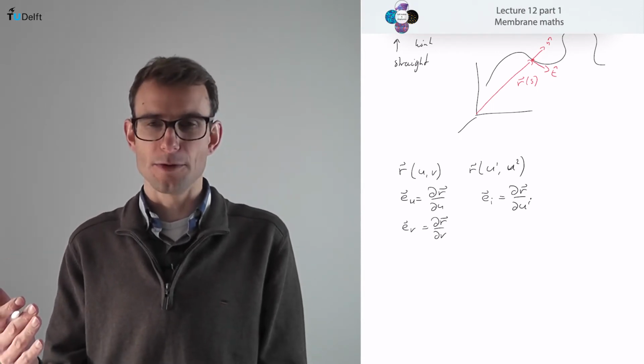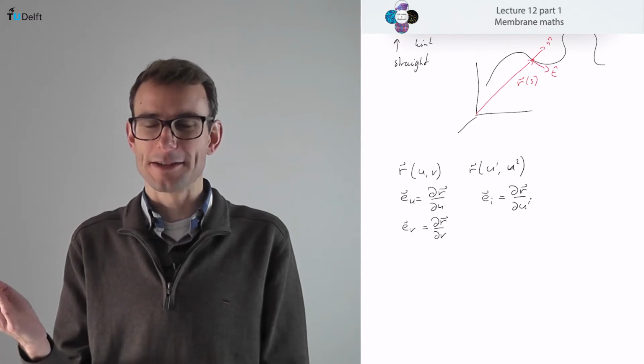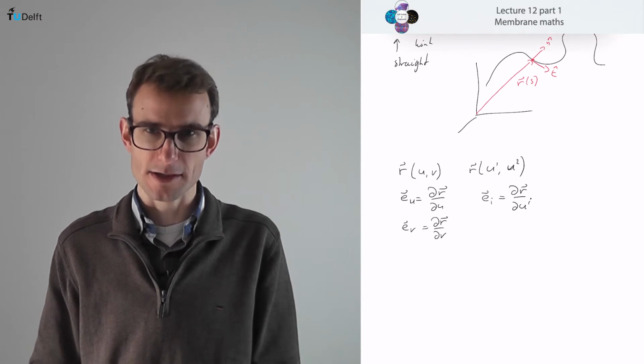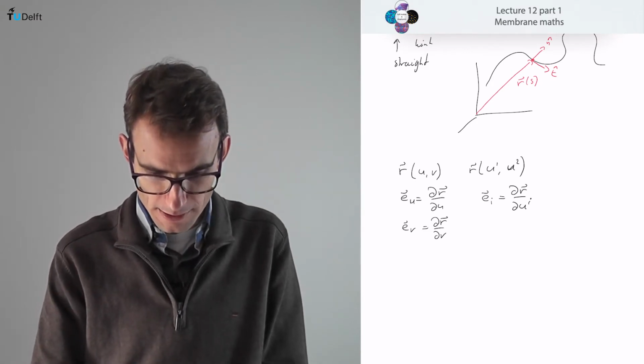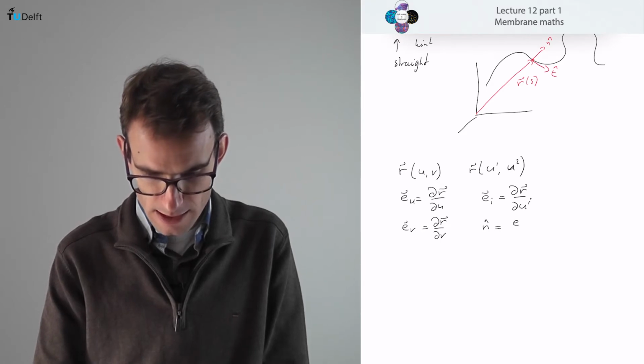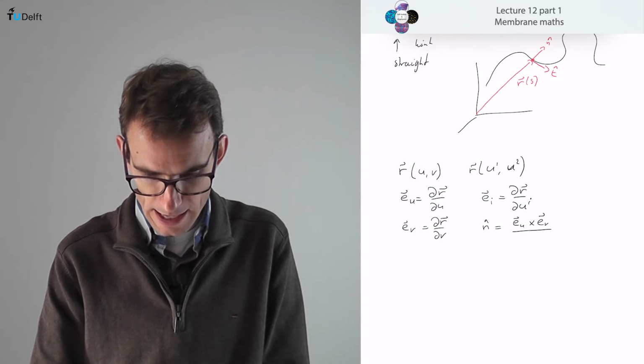This is again a convention that people use. One of the reasons is that the normal vector itself had better be normalized; it will make its interpretation easier. So we're going to define our normal as the cross product of E_u and E_v divided by the length of this thing.